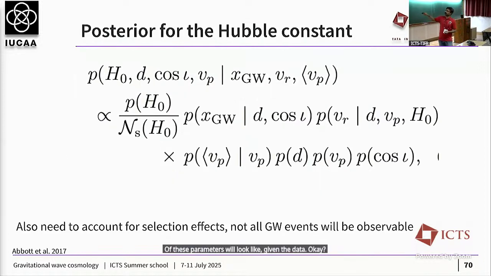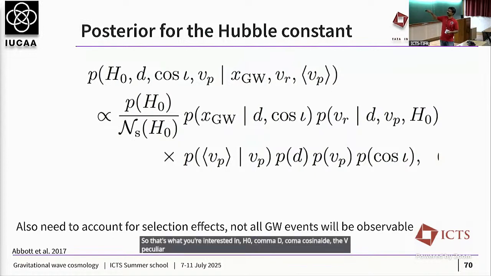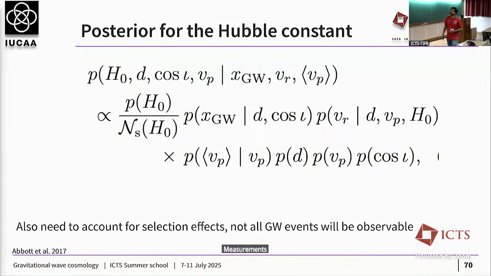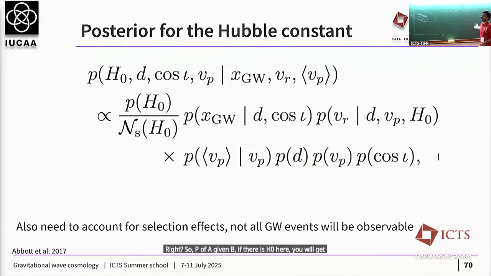That's what you are interested in: H_0, D, cos i, V_P, given these measurements. And you will see that there will be a prior on H_0 that comes out. So P(A | B), if there is an H_0 here, you will get a prior on H_0 here.